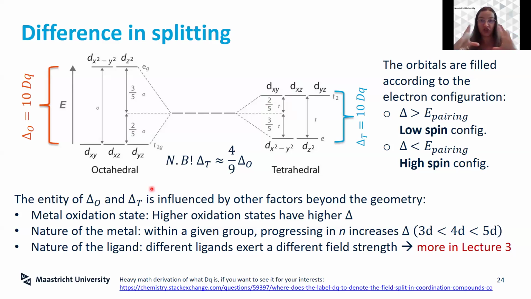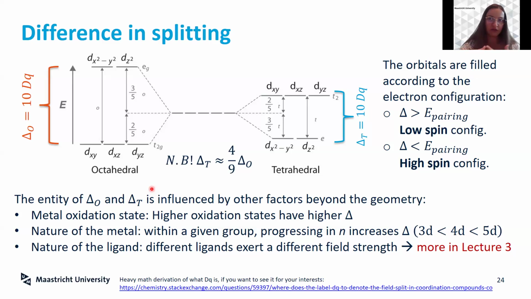Everything else, in general, the entity of this delta, be it the delta T or the delta O, the entity of this jump depends on the chemistry. So first of all, the oxidation state of the metal. A metal with higher oxidation state is going to have a higher delta. This comes with, since this is an interaction with whatever is coming in, the oxidation state also modifies the electron cloud.